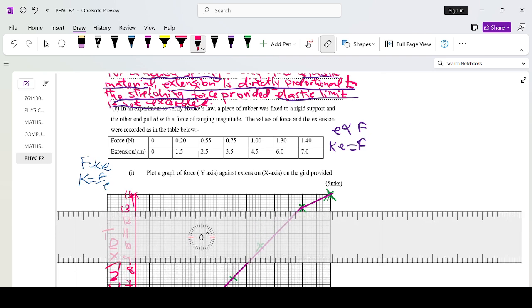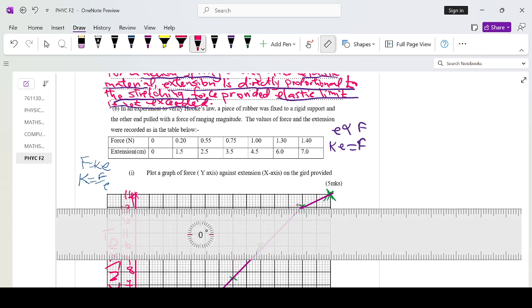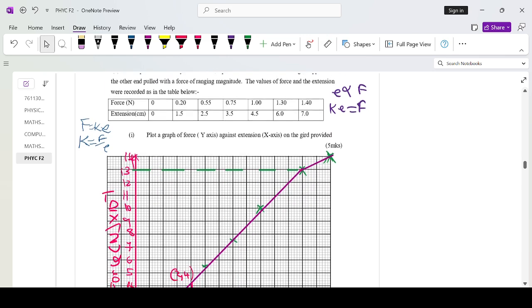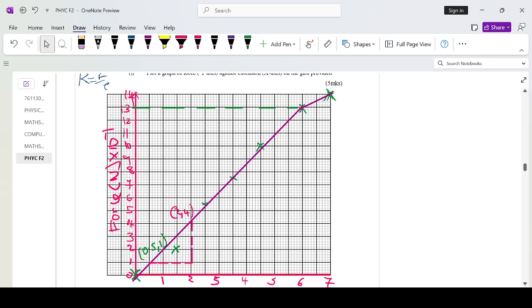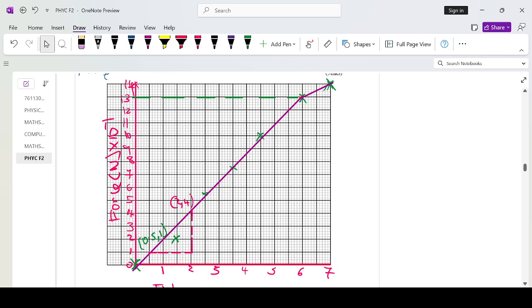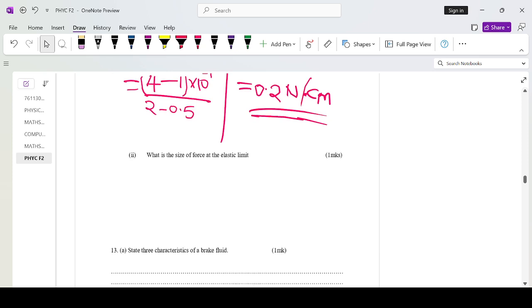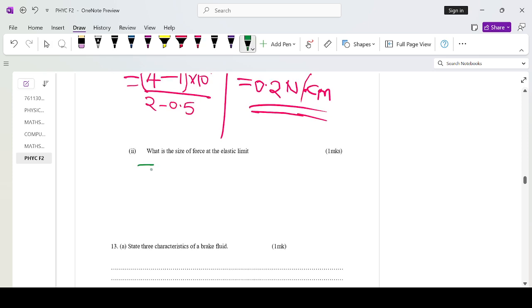Let's see its equivalent of force. Let me use maybe this color, maybe green. So we read the force there. In my case, I'm seeing 13, because after 13 is when the line was not straight.